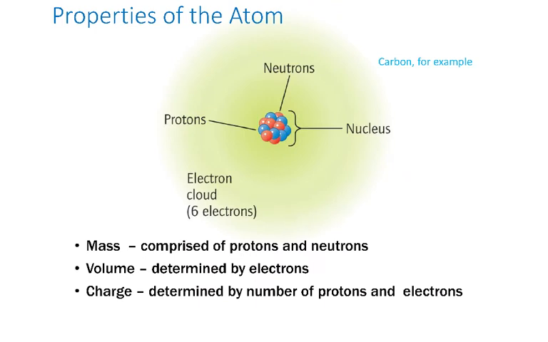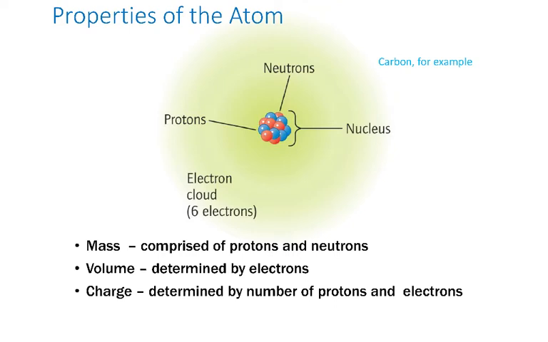So the mass is almost entirely comprised of protons and neutrons. The volume is essentially determined by the electrons, and the charge would be determined by the relative number of protons and electrons.